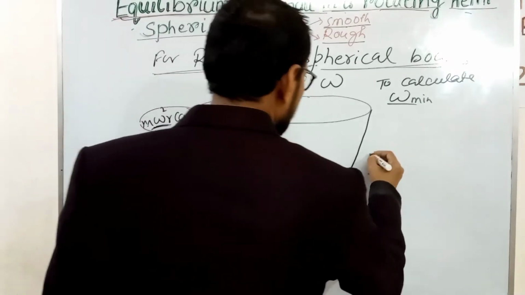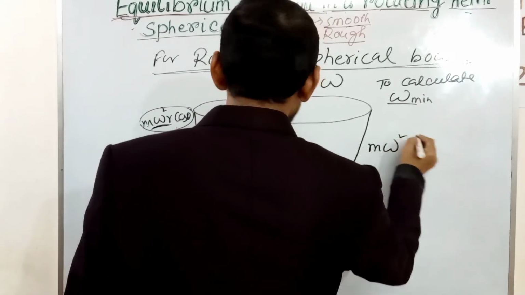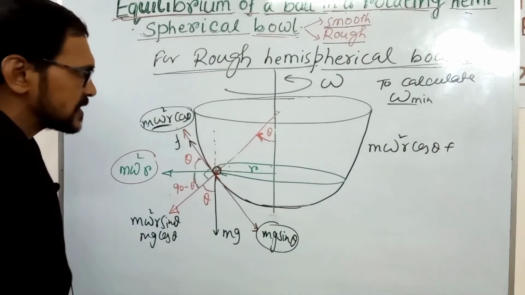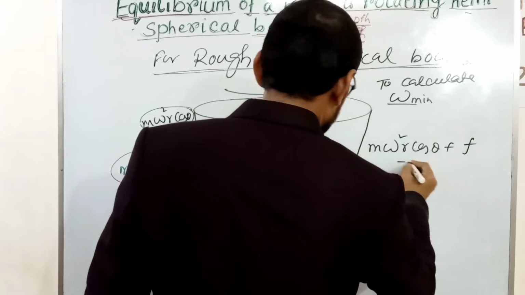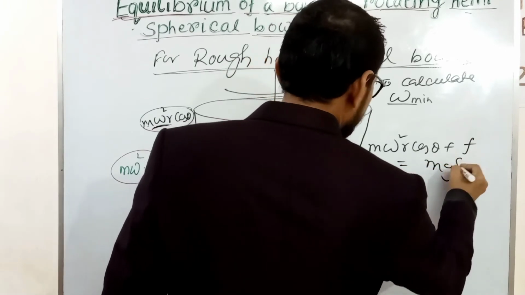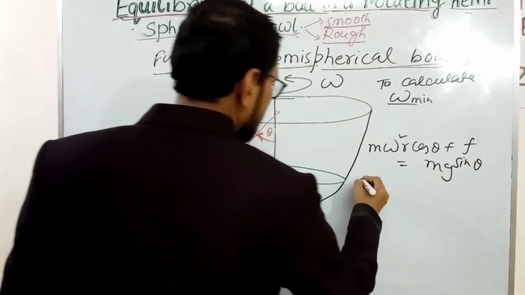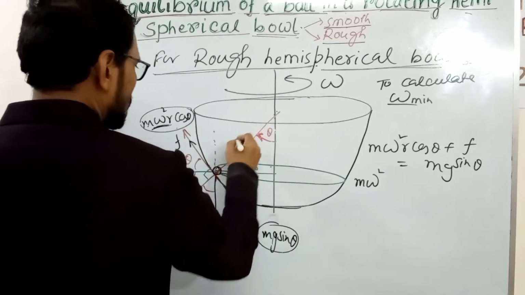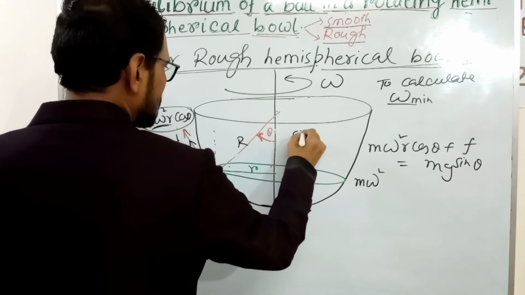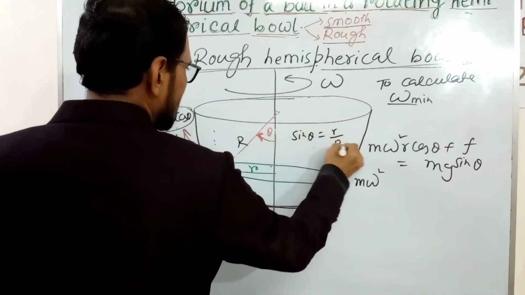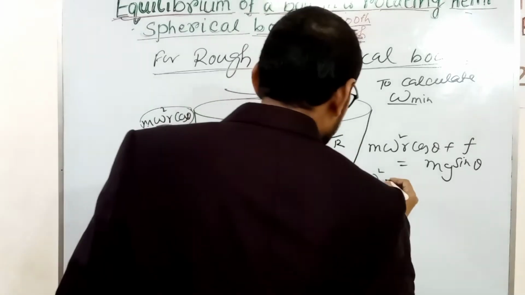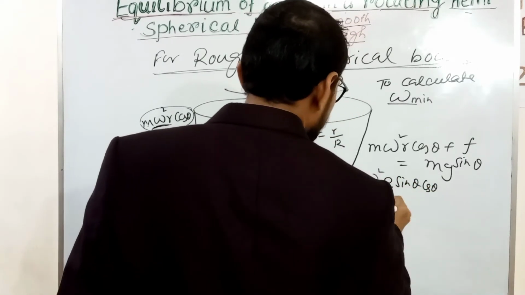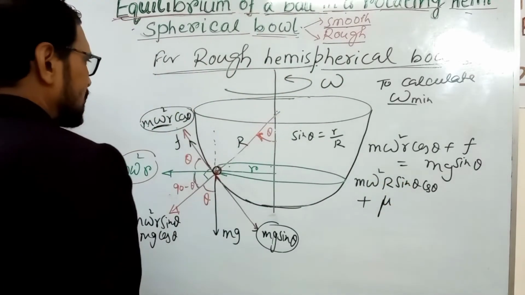So here the equation will be m omega square r cos theta plus friction prevents the mg sin theta. Now m omega square r, what is r? We know from this, small r and this capital R, sin theta equals small r by capital R, so r equals R sin theta. So m omega square R sin theta cos theta plus friction equals mu into N. Now what is N?